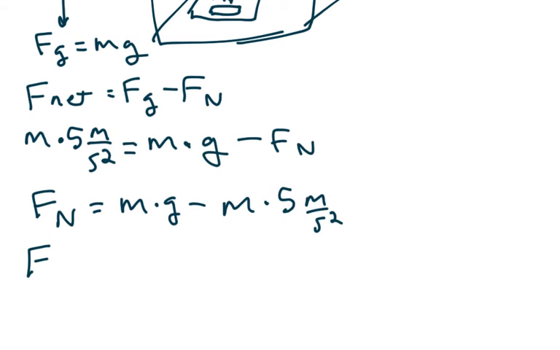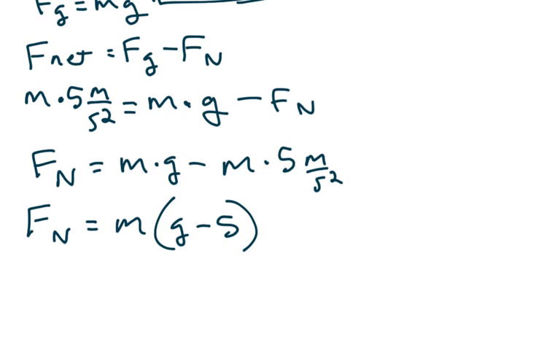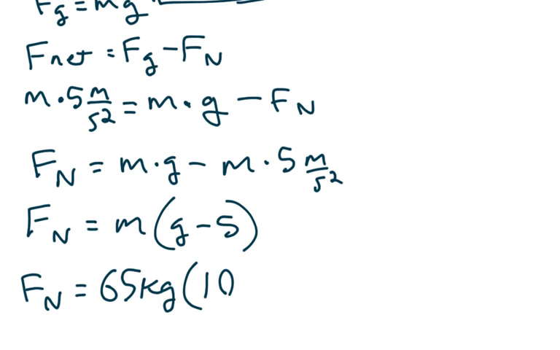So this can distribute. I want to stop using units here, but those are accelerations in the parentheses. So the normal force we can now say is going to be the mass, which is again 65 kilograms, times 10, which is acceleration due to gravity, minus 5.